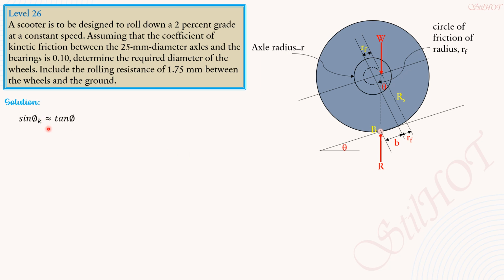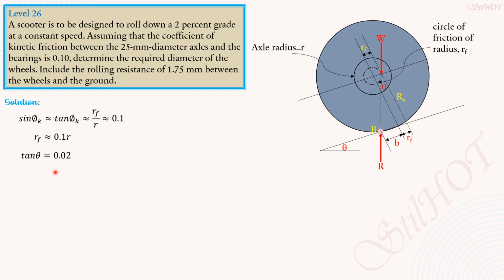So sine of phi sub k is approximately equal to tangent of phi sub k, because phi sub k is expected to be very small, and it is equal to 0.1, and it is also equal to the radius of the circle of friction over the radius of the axle by principle. So it is equal to 0.1. So that means the value of the radius of the circle of friction is 0.1 of R approximately. So R sub F is approximately 0.1 of R.